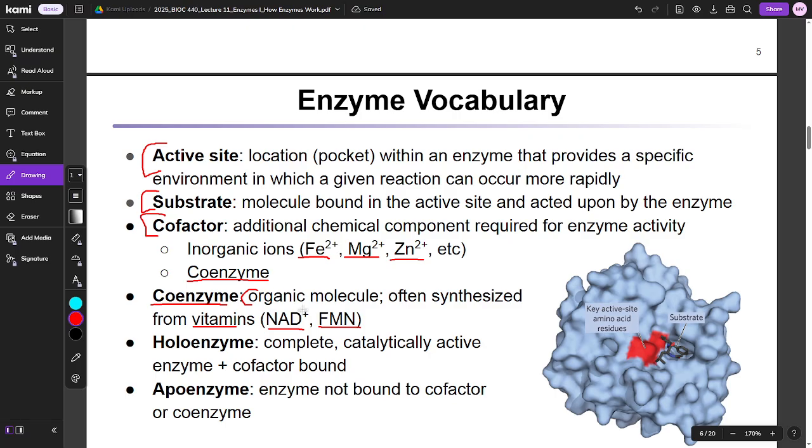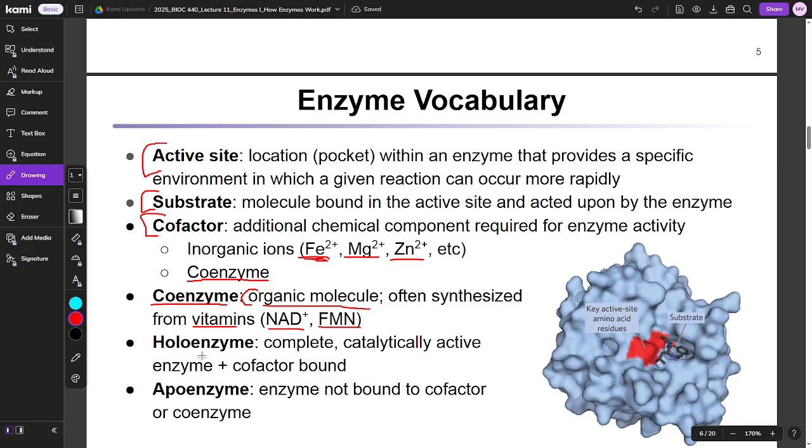And so those are also required. The difference is that cofactor is usually a little bit more specific and encompasses metals, while coenzyme is a lot more broad and, generally speaking, encompasses both cofactors and organic molecules. But in this case, it seems like they want you to specifically focus on organic molecules, so I would just focus on that.